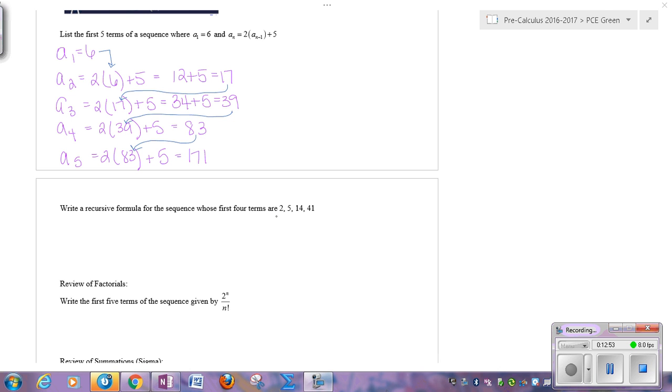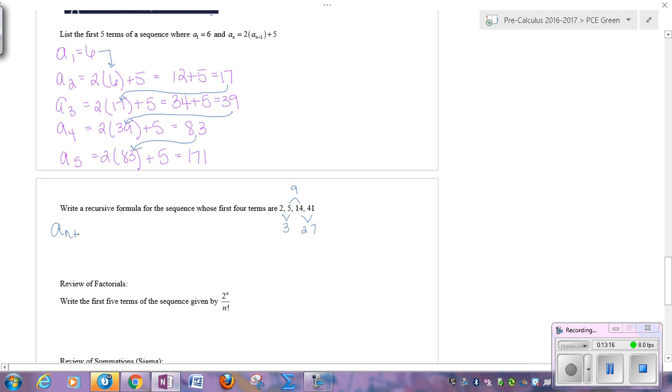So one of the things that I looked at was the difference between each one of these. Now there's not a common difference. The difference between these is 3, and then the difference between these is 9, and then the difference between those is 27. If you notice though, to get from 3 to 9 to 27, everything gets multiplied by 3. So I wondered if that has something to do with the pattern of the recursion formula.